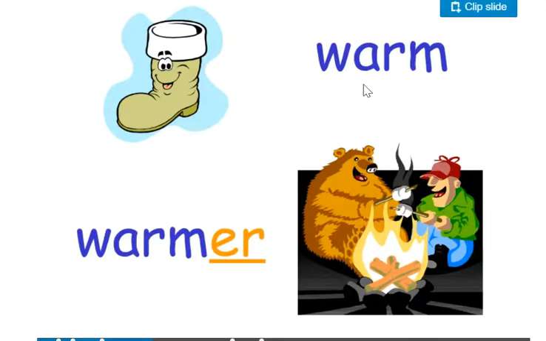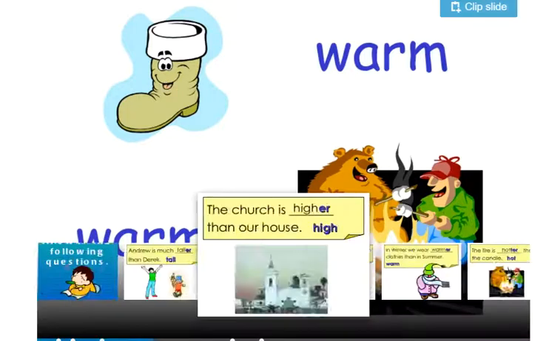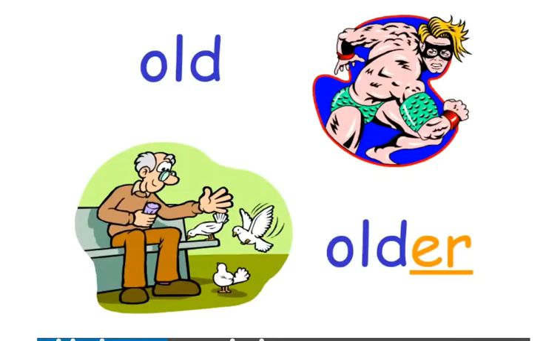And warm. Okay. So warmer. So you can say the fire is warmer than the boots. The fire, that's a fire, yes, is warmer than the boot. So this is the boot. Warmer than the boot. Okay. And then old.